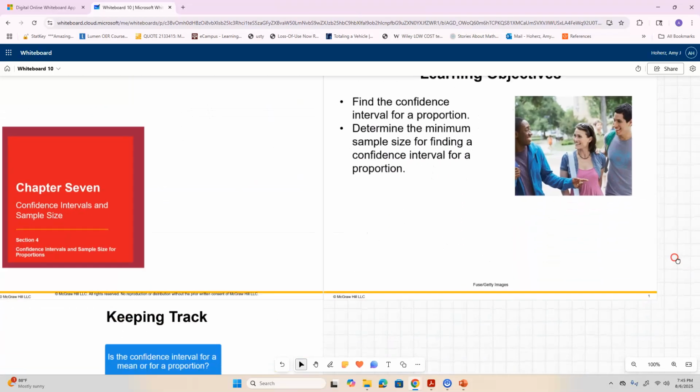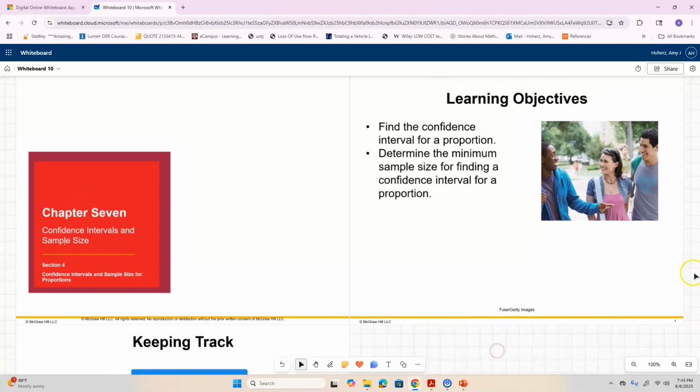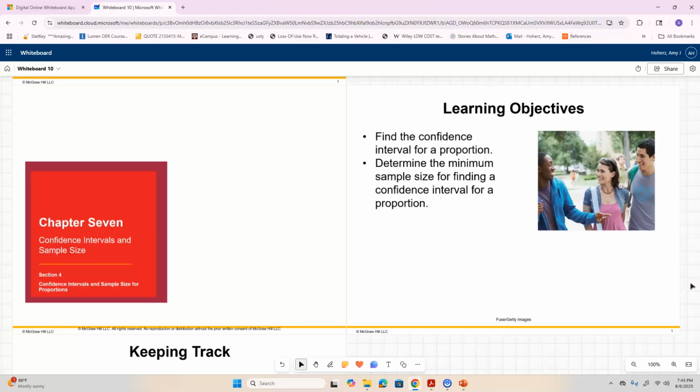All right, so now the last thing that we need to do in Chapter 7 is we need to look at our final type of confidence interval. And our final type of confidence interval is for proportions.